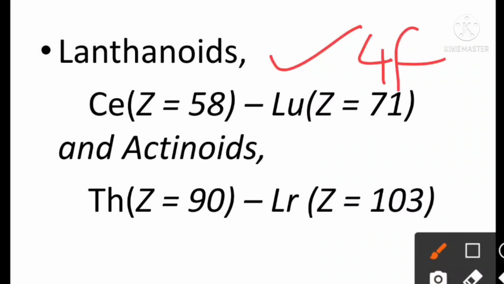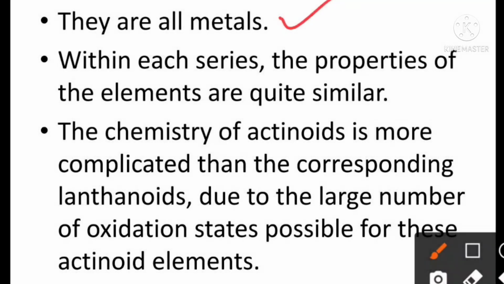It starts from cerium, atomic number 58, to lutetium, atomic number 71. Similarly, the actinoid series starts from thorium to lawrencium. F block elements are all metals. Within each series, the properties of the elements are quite similar.